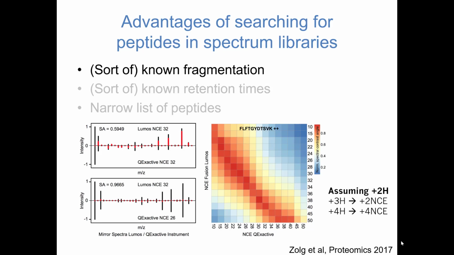So for example, if you're assuming a +2 fragmentation pattern from your DIA acquisition, a +3 is actually going to give you effectively a shift of a +2 in normalized collision energy. A +4 will fragment the way as if it were run with +4 NCE. So they actually have a pretty big shift in terms of the fragmentation pattern.